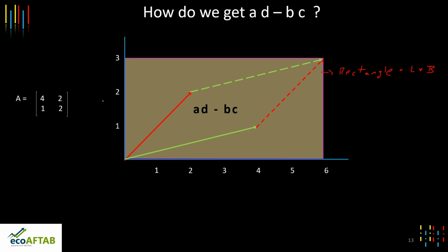If I say this particular length is L and this particular is the breadth, then length into breadth gives us the area of the rectangle. So first we need to find out the area of this big rectangle, and the formula is length into breadth.